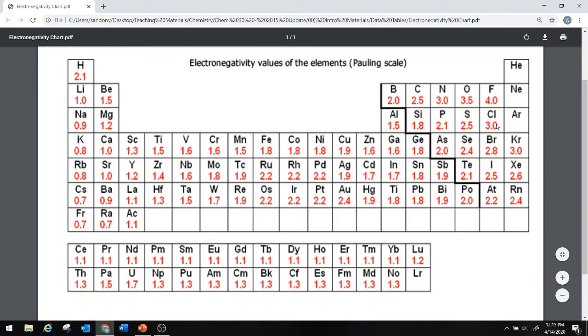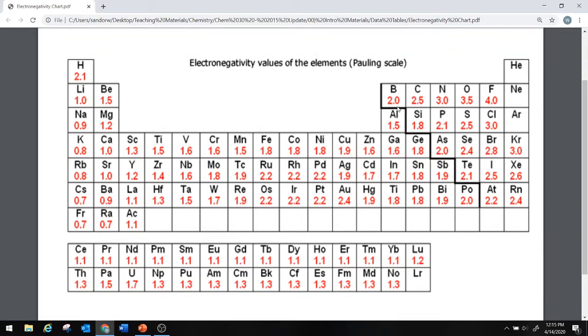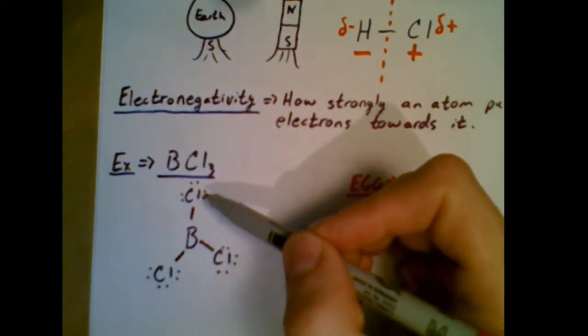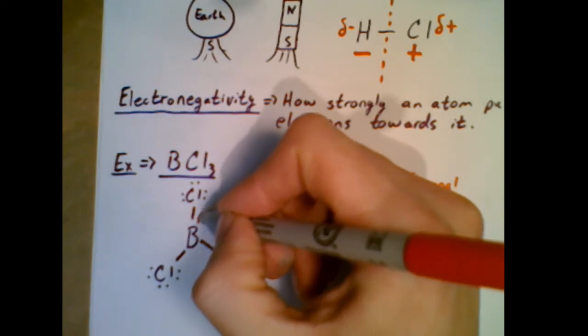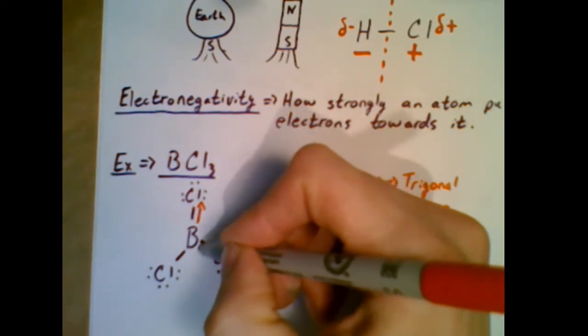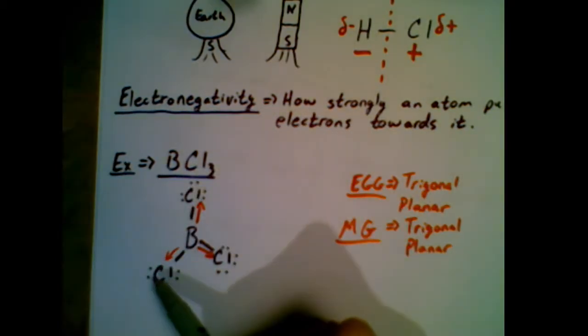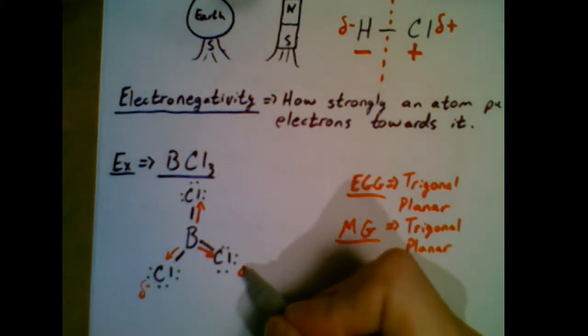And there, if you subtract those two, 3.0 minus 2.0, you get an electronegativity difference of 1.0. That's a pretty significant difference. So what you would end up getting is a polar covalent bond. And since chlorine has the greater electronegativity, chlorine is pulling the electrons away from the center, and you're getting an abundance of electrons towards the outside of this molecule.